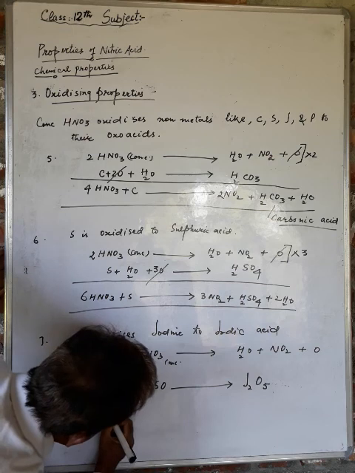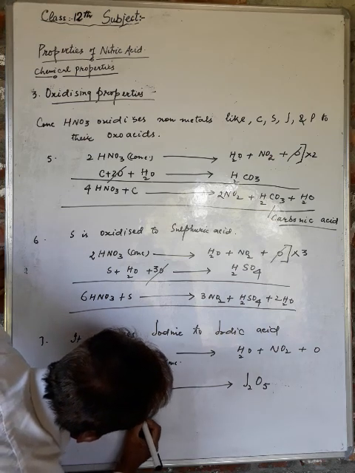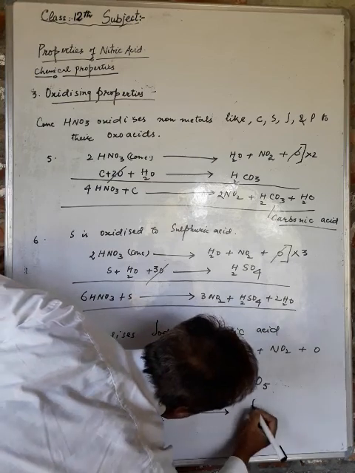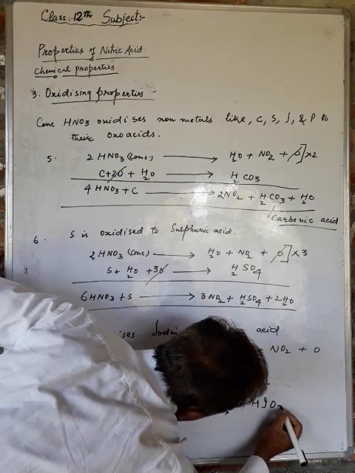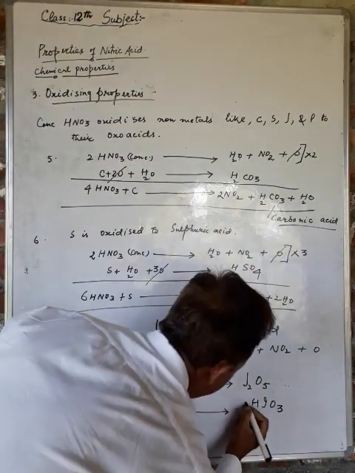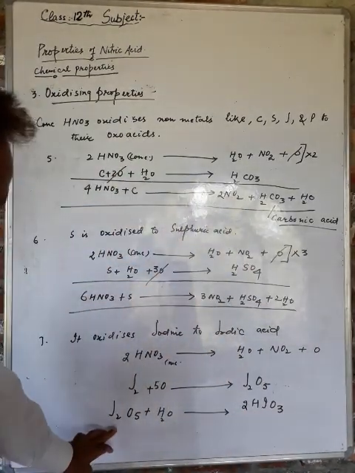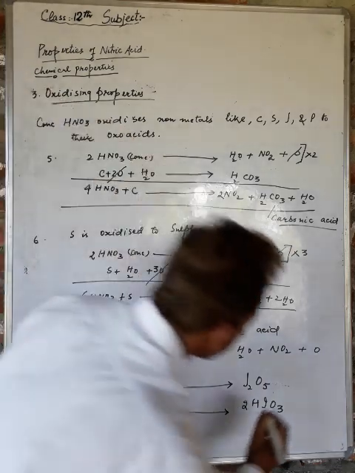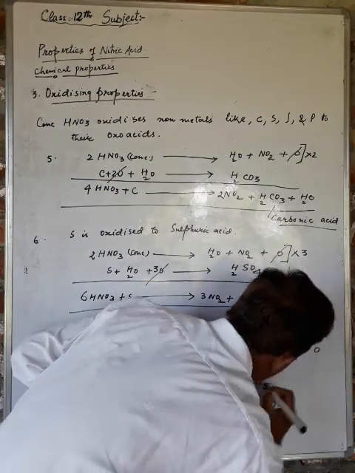Now this I2O5 reacts with the water and it forms HIO3, HIO3 twice. This is iodine. When it reacts with the nascent oxygen, it forms iodine pentoxide.